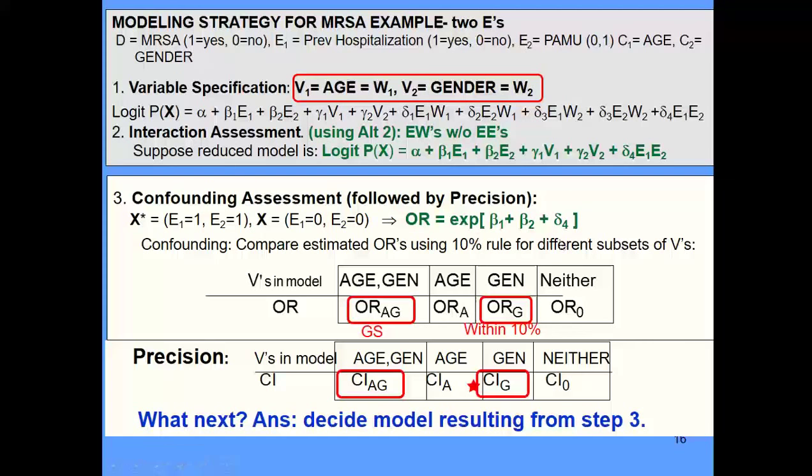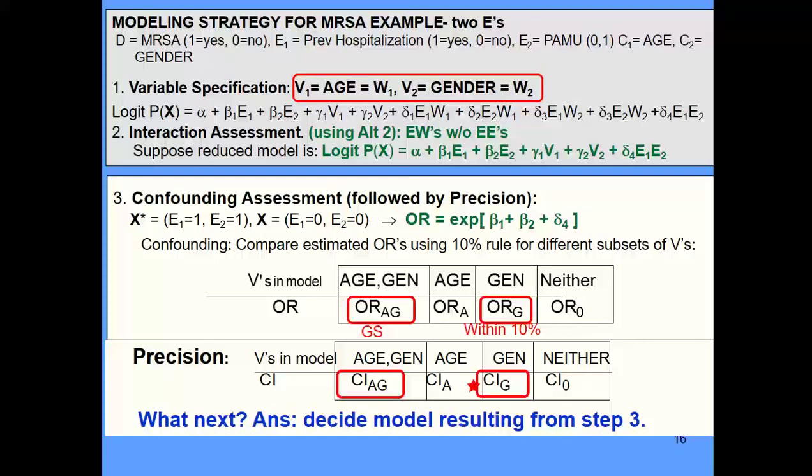It's different from the formula we had before. How is it different? It has another term in there. It has the delta term, the coefficient of the product term involving the E's, right? That's how it differs. But it is an odds ratio expression.